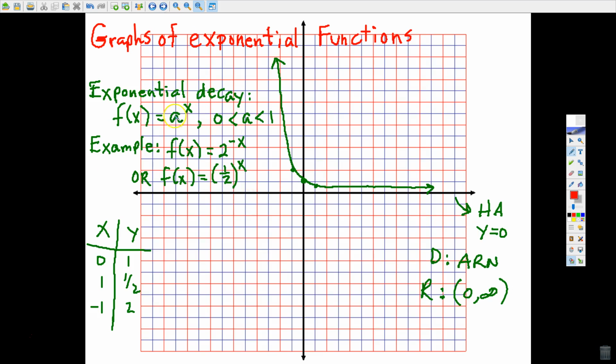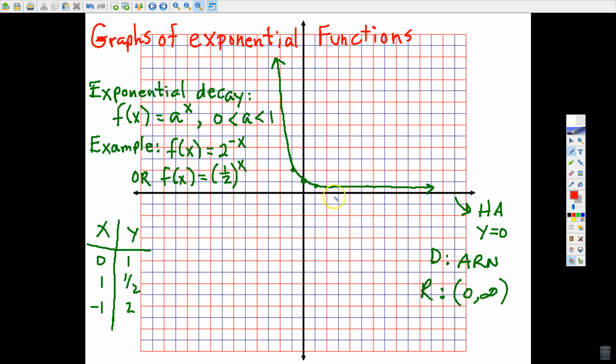Okay, when that number, and I'll just show it like this, here's some number directly underneath x. When that number is a fraction between 0 and 1, we have what's known as exponential decay. And so here is what exponential decay looks like. It's really kind of the opposite of growth. This time, as we choose more positive inputs, we're just going to keep getting closer and closer to the x-axis.